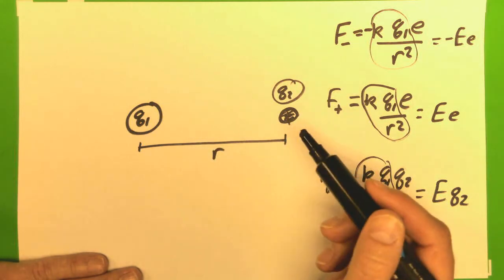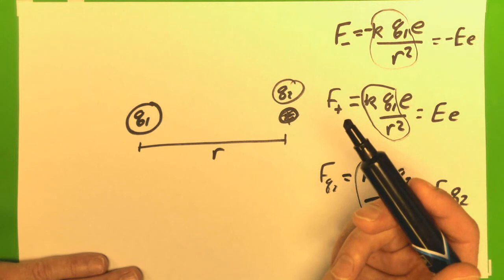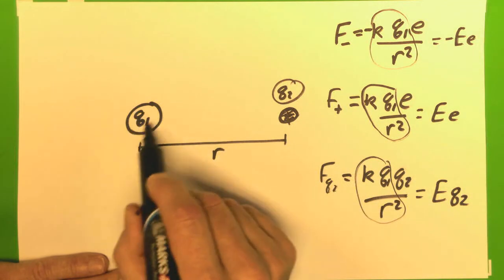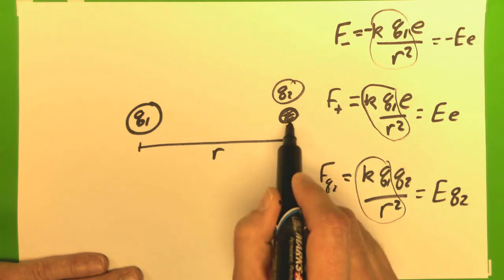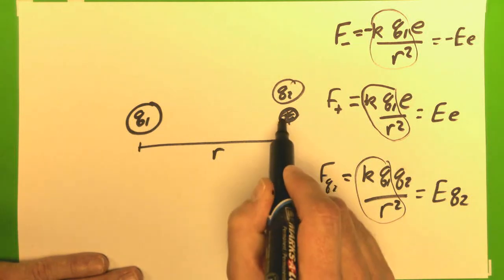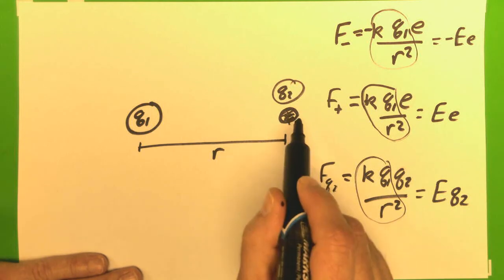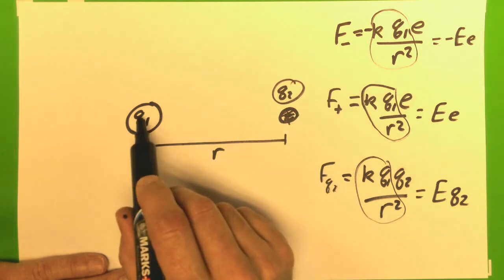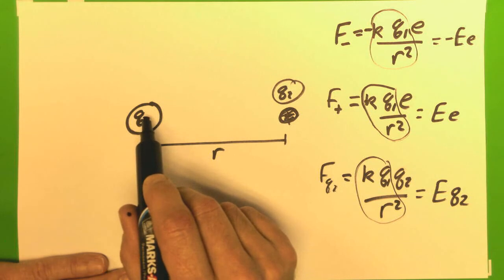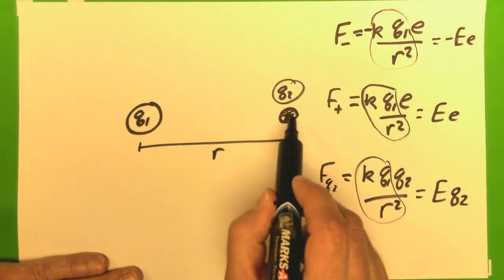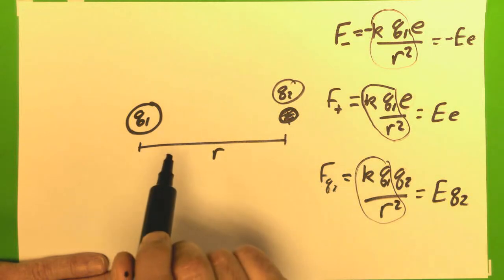Now, it may seem kind of weird, but we experience it all the time. Gravitational fields. Gravity, I could replace this. This could be the Earth, and I could put a moon, or a satellite, or an astronaut, or a spaceship, and they'll feel an effect based on how big this mass is, the Earth's mass, the distance between them, and the size of the mass of that particular object.